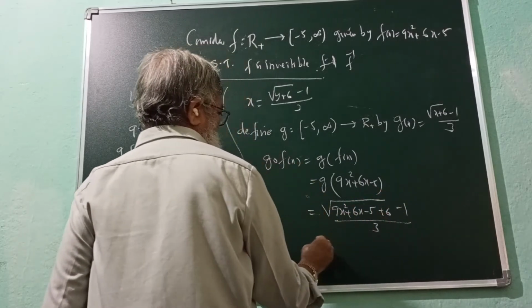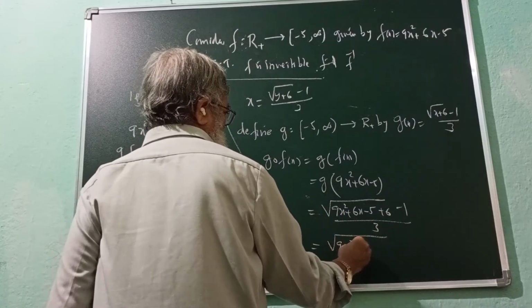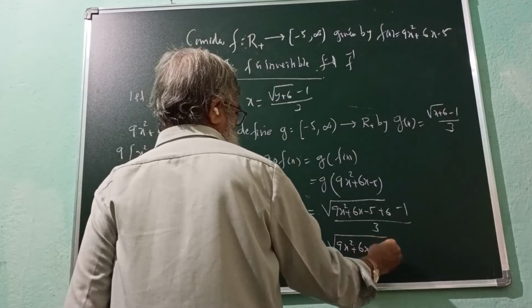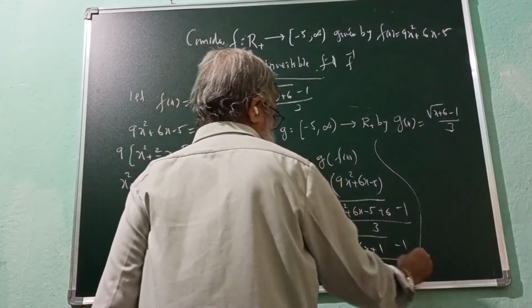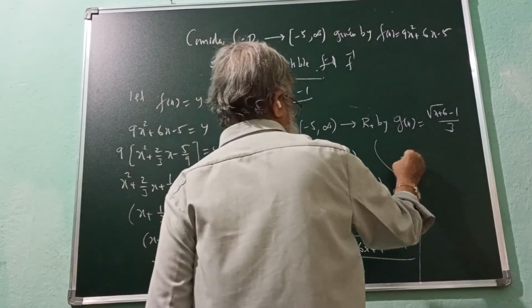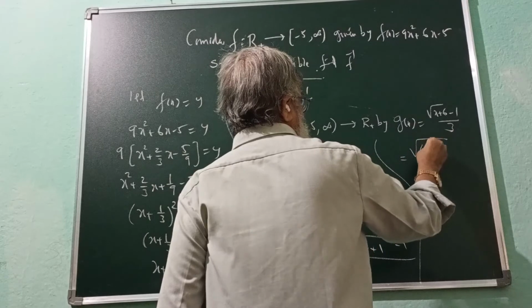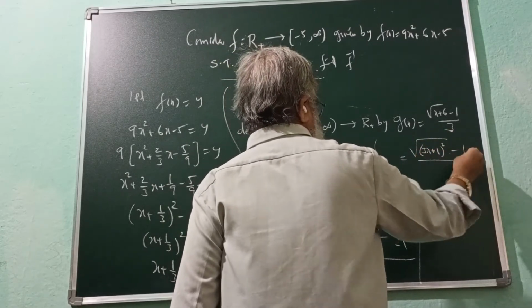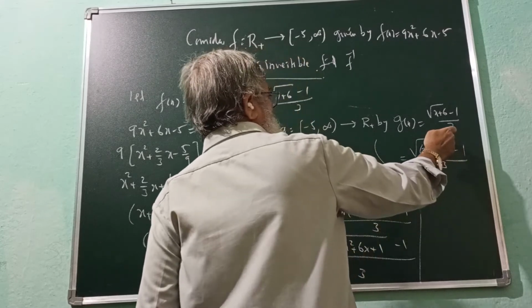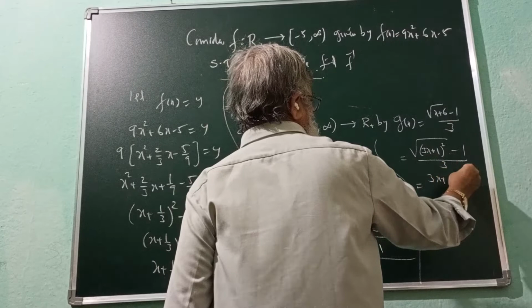Or we can write 9x square plus 6x plus 1, minus 1 by 3. We can write further, this is a perfect square: 3x plus 1 whole square, minus 1 by 3. Because of the root, the square root will be removed: 3x plus 1 minus 1 by 3.